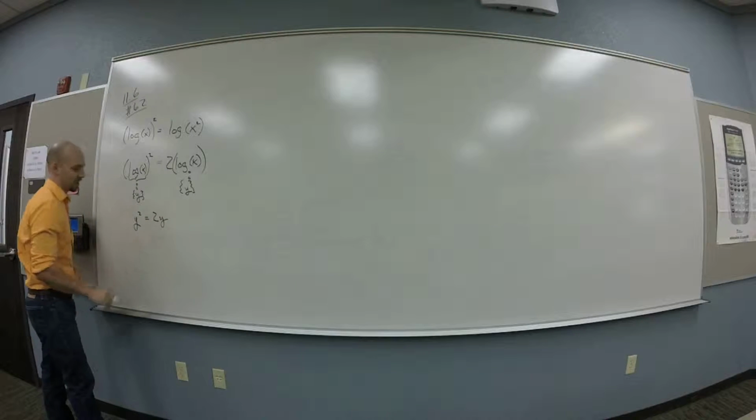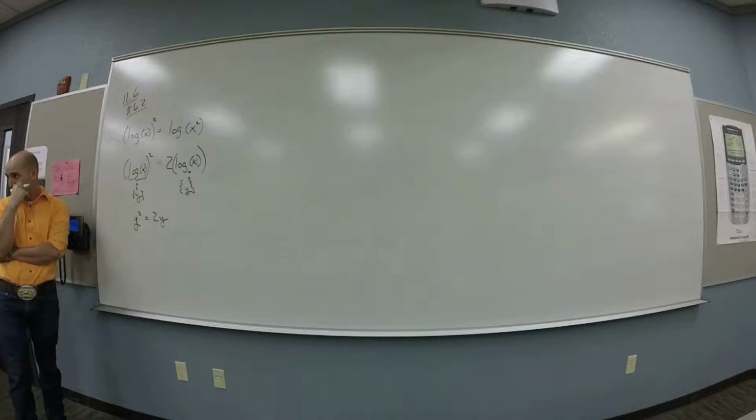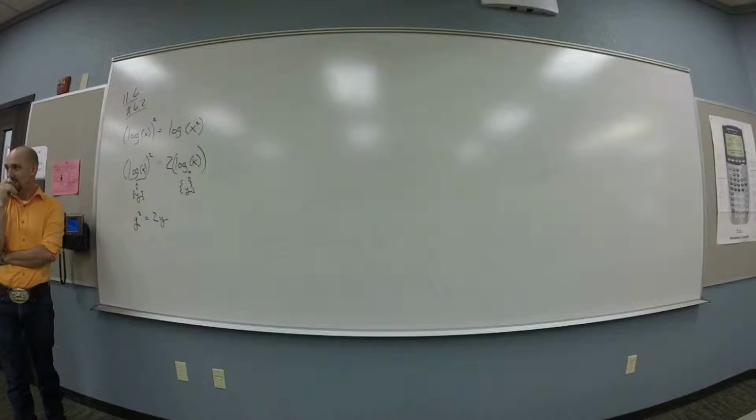Do I know how to solve that? Divided by y? It's not quite a square root. Get a y on the other side, that'll kind of dork me. Divided by 2? But I could subtract 2y and then factor and use the zero product rule.